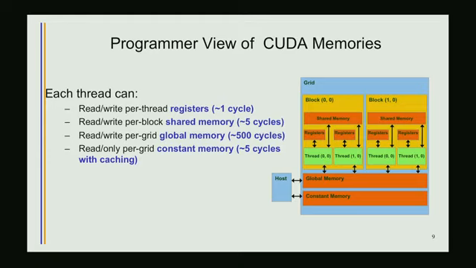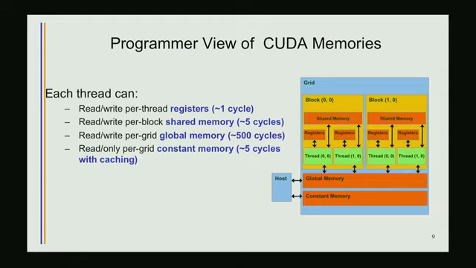A thread's got to do some work, and the kernel is just how we're organizing these threads. Now, it turns out that the SM has a bunch of resources that a thread can access: registers, memory, shared memory, global memory.